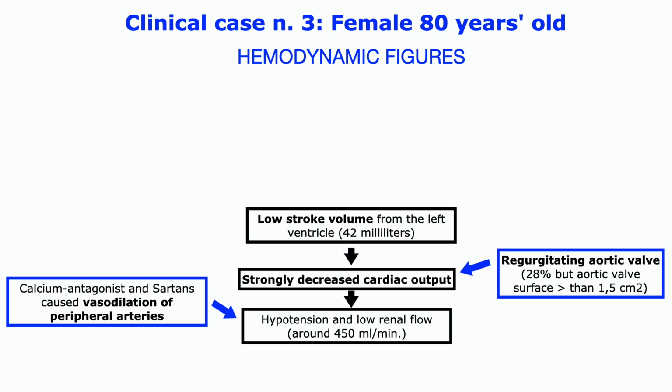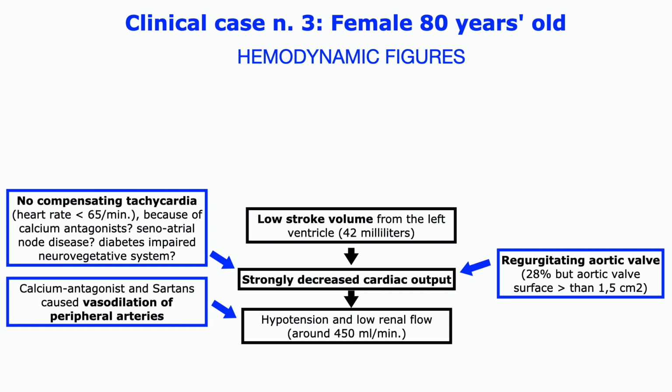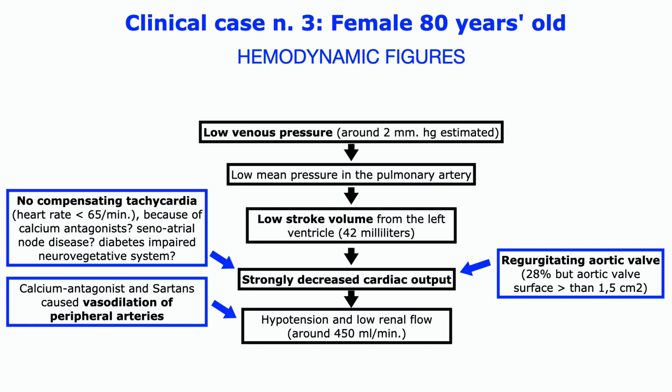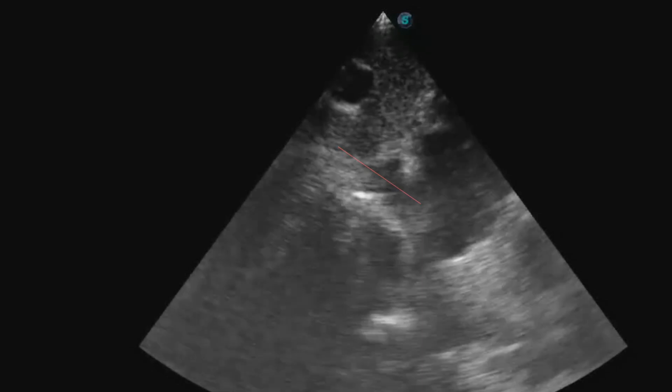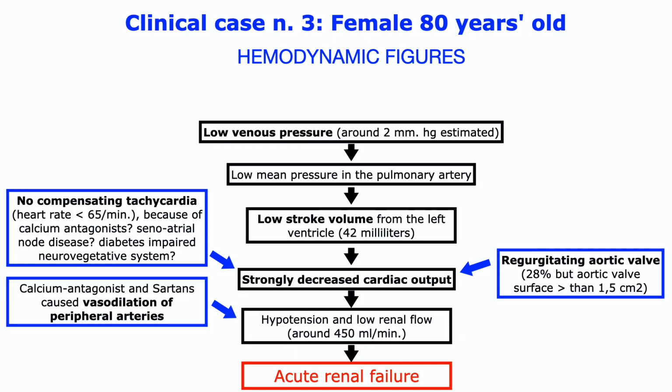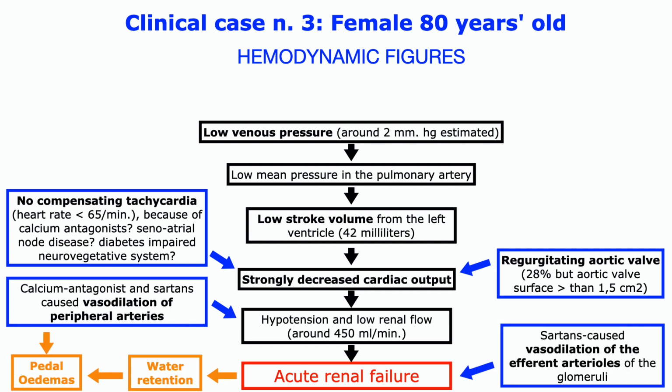In addition, the preload was decreased since the systemic venous system was at low pressure, as was shown by the inferior cava vein collapsing completely during inhalation. Thus, hypovolemia and the chain of factors had supposedly driven the deterioration of the renal filtration.